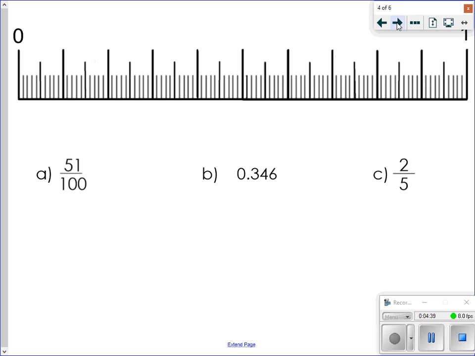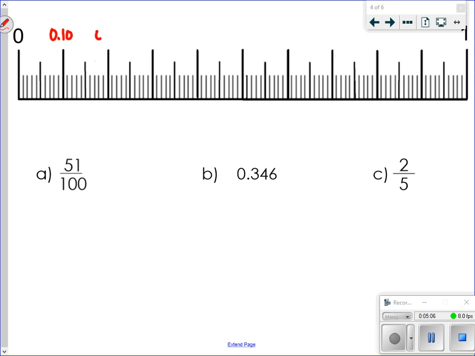This number line has been split into hundredths. Again, this number line goes from 0 to 1, but this time 0 to 1 has been split into 100 sections. What that means is this line here is 10 hundredths.